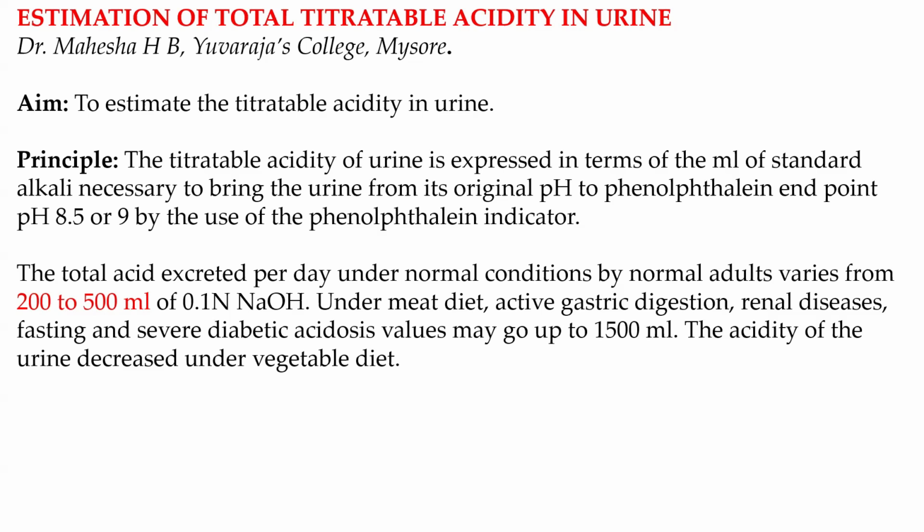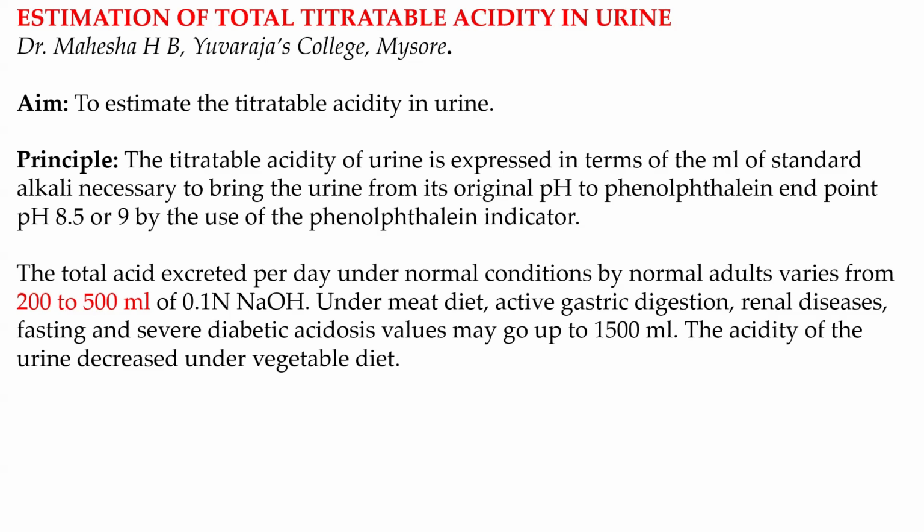But under meat diets, active gastric digestion, renal disease, fasting, and severe diabetic acidosis, values may go up to 1,500 ml. So the acidity of the urine decreases under vegetable diets. So if you are taking a vegetable diet, the acidity of the urine is usually decreased.